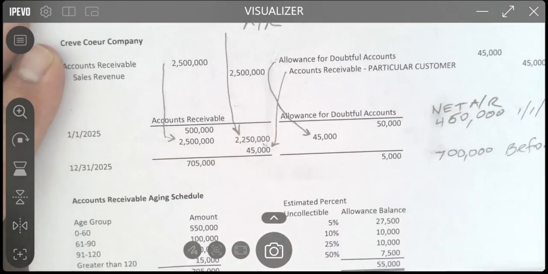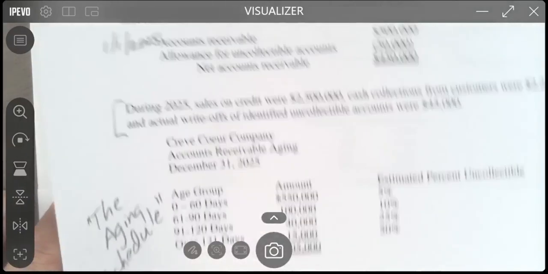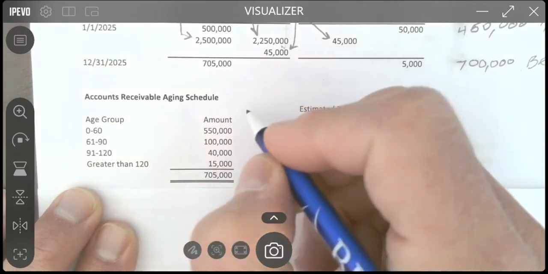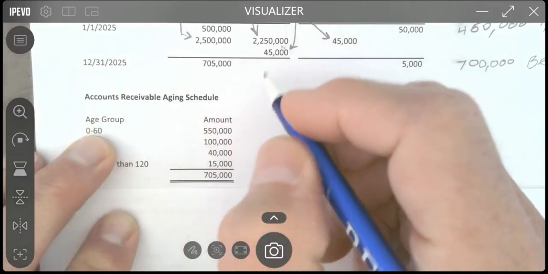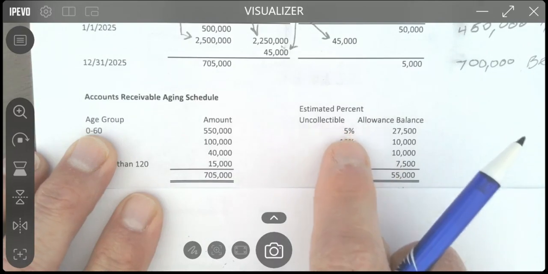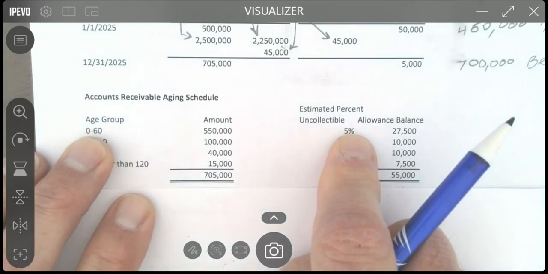So we use that aging schedule you saw on the last page in the facts. And we learned that the estimate, if the receivable is 0 to 60 days old, by history suggests about 5% of those will prove uncollectible.